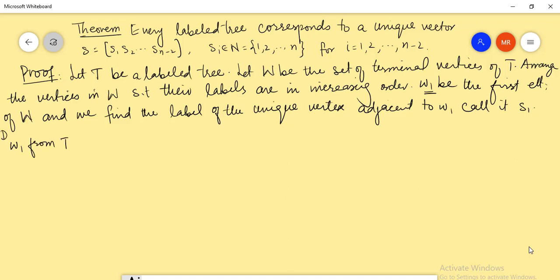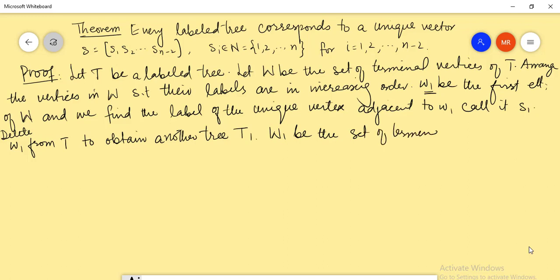So we delete W1 from T to obtain another tree, call it say T1, and assume that W1 is the set of terminal vertices of T1.